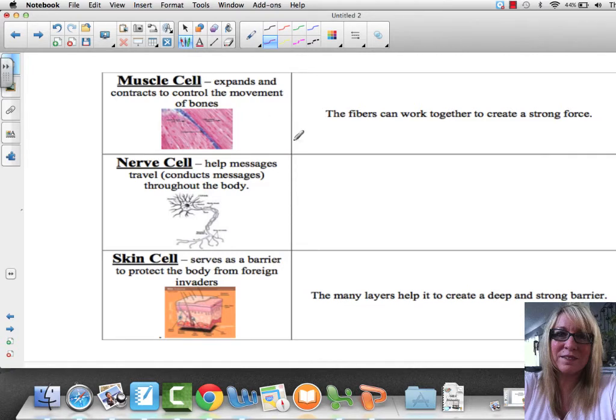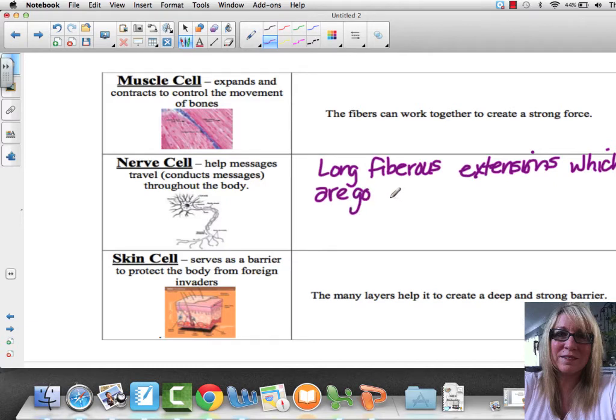So nerve cells, they have long, fibrous extensions which are good for message sending throughout the body.